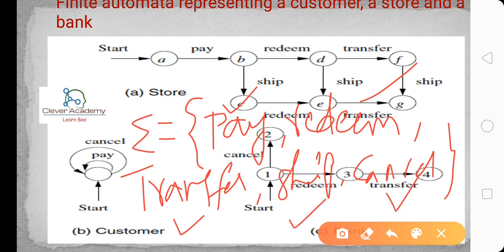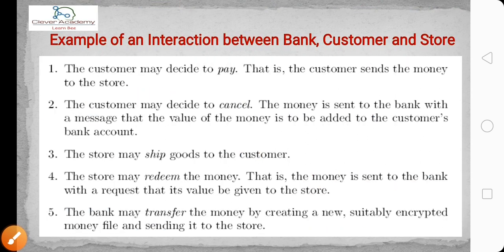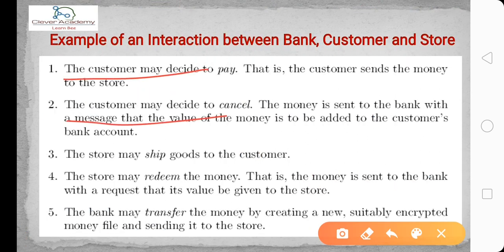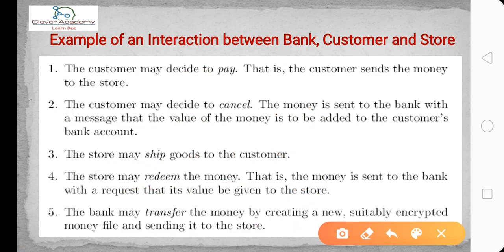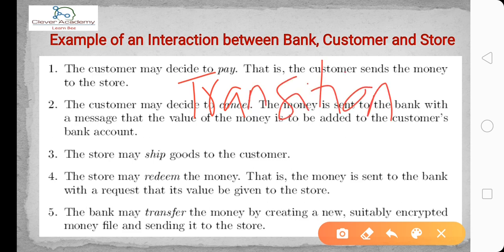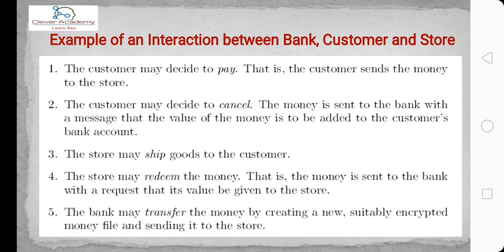So you have 5 inputs, and based upon the input we are going to identify the transaction functions to be executed. That's what the rules specify here. Whatever the 5 decisions or instructions are given, they indicate the transition function.